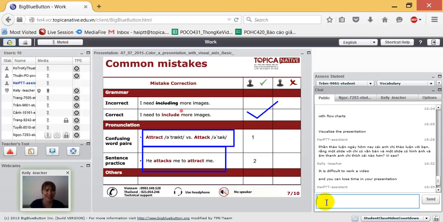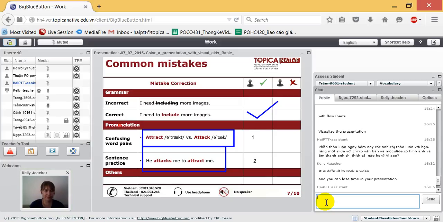If it works for him, that's fine. All right, Trang, can you please read the two words back to me? Attack. Attract. Okay, and the sentence? He attacks me to attract me. All right, thank you. Trang, can you read the two words, please? Attract.